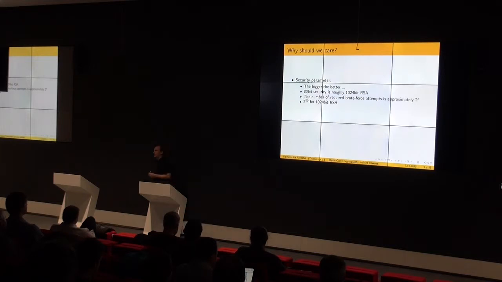So for example, with this 1024-bit RSA, it takes roughly 2 raised to the power 80 brute force attempts to break the RSA and to calculate the private part of the key from the public part. So that's it, security.